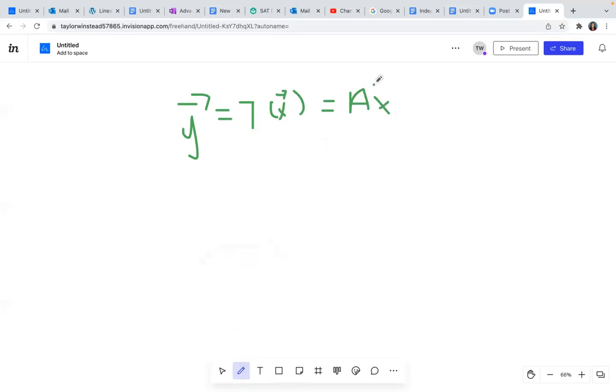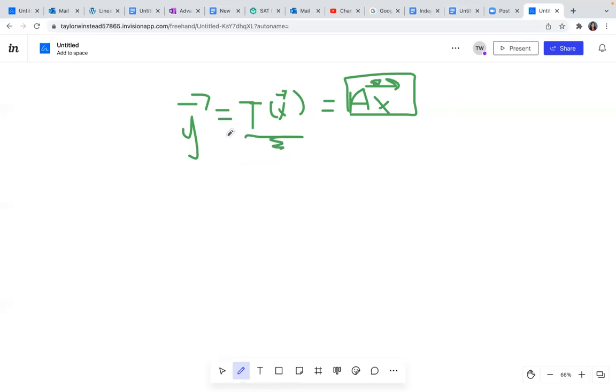So basically what we're saying right here is that we've got y equaling A of x. This is really just another way that you could write vector y is T of vector x. But the point is vector y equals A of vector x.